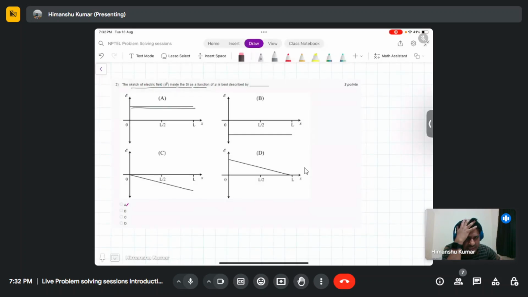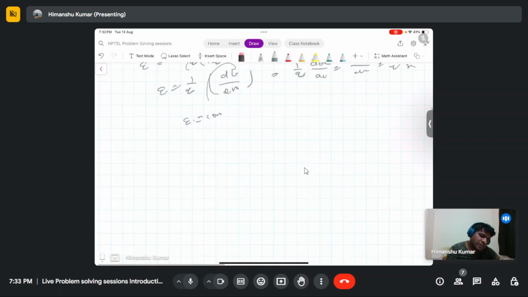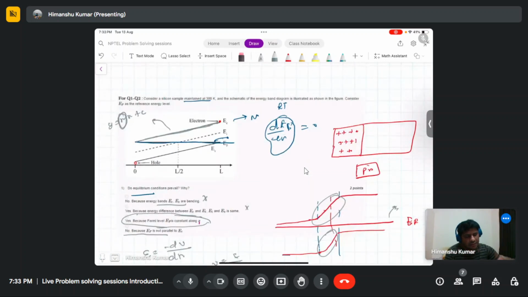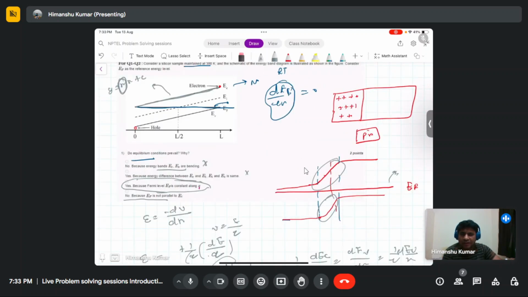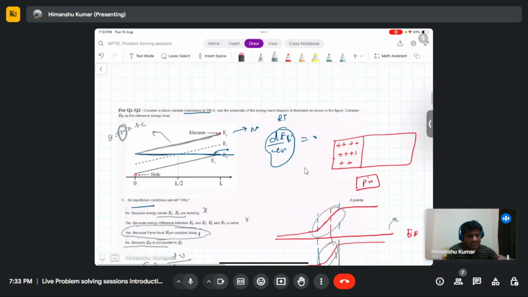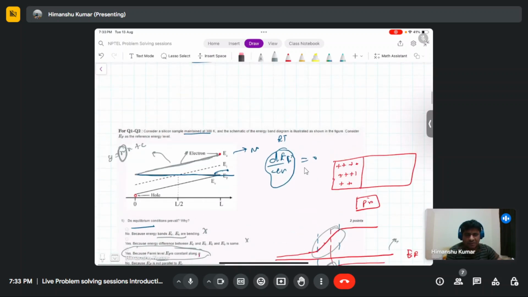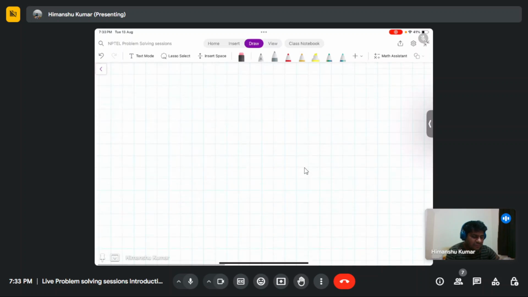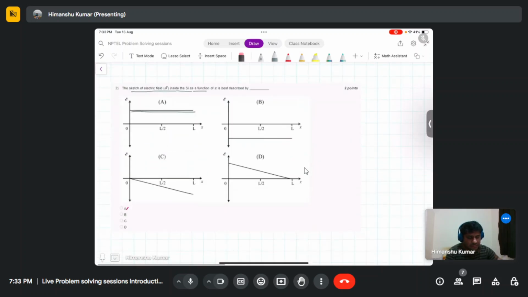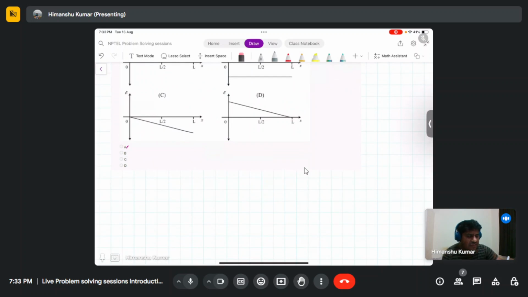To consider what the slope is, you can see this line has a positive slope, which means your electric field is in the positive direction. The other options are linearly varying in the positive direction, or positive but linearly decreasing, or increasing in the negative direction. Those options are wrong actually.